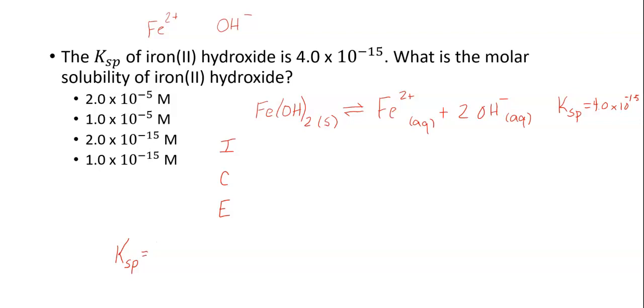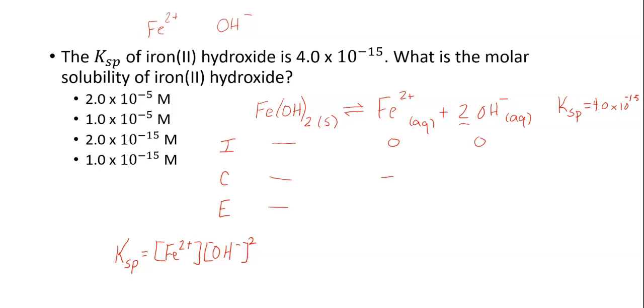So my KSP expression is going to be the concentration of Fe2 plus times the concentration of OH minus squared, since it has the coefficient of 2. I'm not going to include the Fe(OH)2 because it's a solid. Solids do not go in the K expressions. So because of that, I don't need to worry about my solids. We're going to assume that our initial concentrations of the ions are 0 unless otherwise specified.